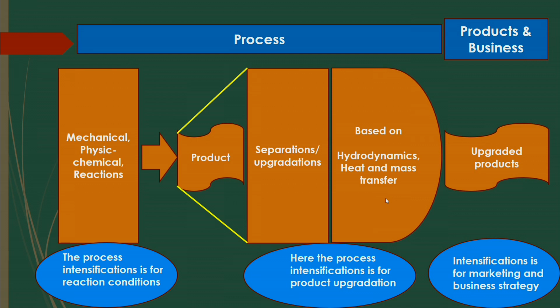And after getting the products and byproducts based on this upgradation and process intensification, you have to market these products for business purposes. So, you have to make a strategy for that business, how consumers can get those products easily and also be aware of those products in the market, whether they have an acceptable degree of purity or not.